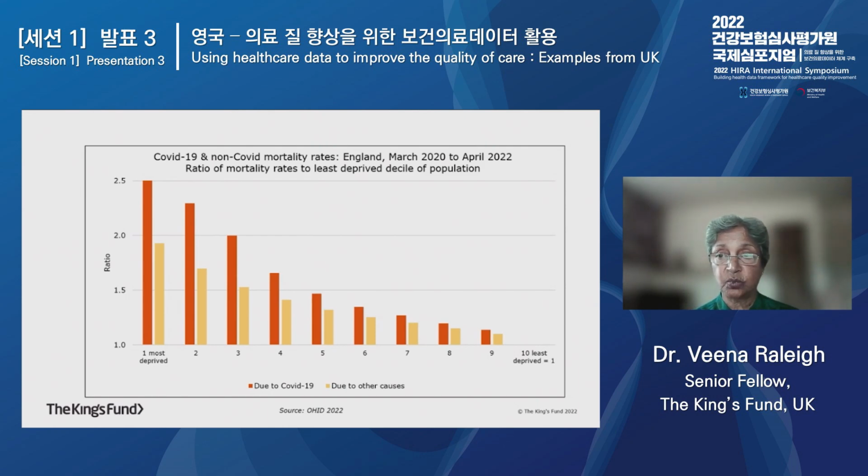If you take that as one, you can see that COVID mortality in the poorest people is 2.5 times greater, that's the orange bar, than in the most affluent on the right-hand side. And that's a much steeper gradient than for non-COVID mortality. That is also higher in poorer groups, but the difference between most and least is much more acute for COVID-19. So COVID-19 has worsened health inequalities.